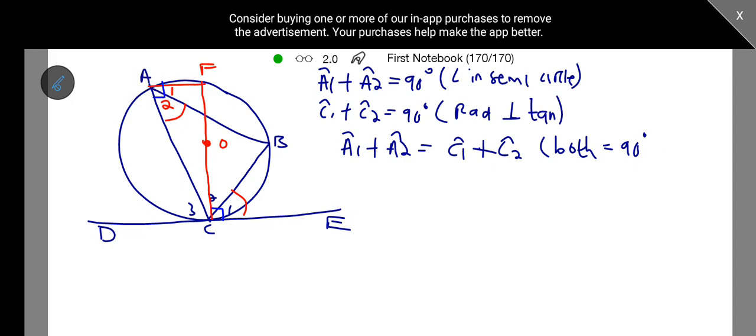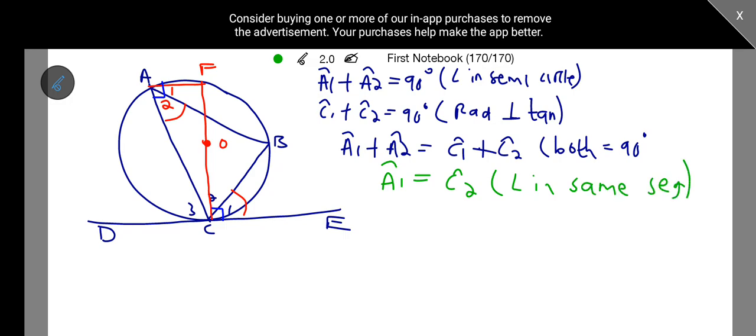This means that angle A1 is equal to angle C2, and the reason is angles in the same segment, right? That's the abbreviation you can use.